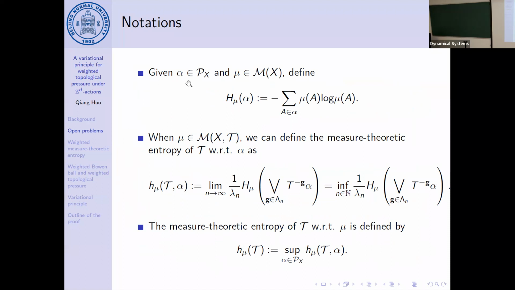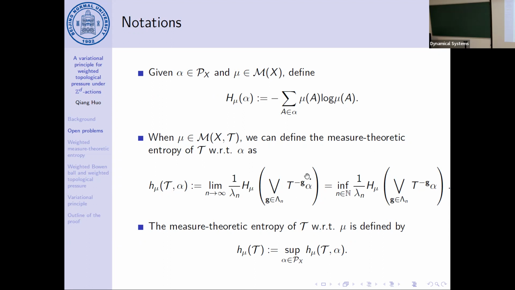Next is the definition of measure-theoretic entropy for Z^d action dynamical systems. The first is for a finite partition and probability measure. We define the entropy for this partition. The second is for an invariant measure. We define the measure-theoretic entropy of T with respect to this partition. This is the intersection of some partitions.